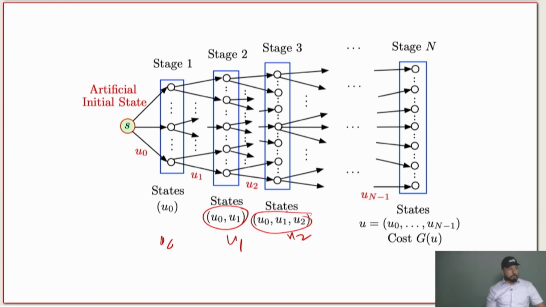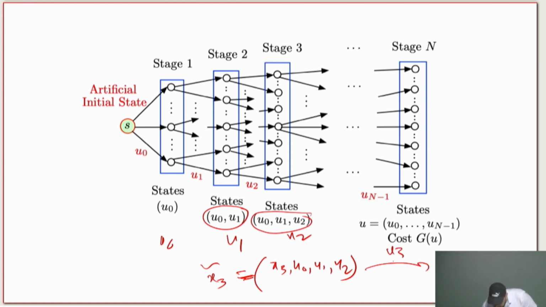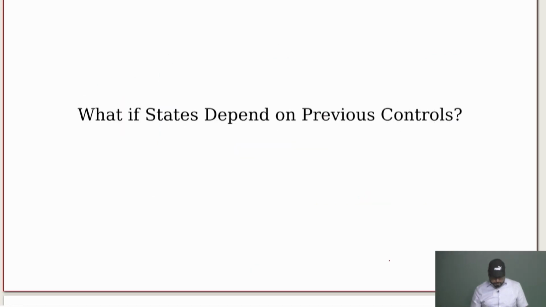So the controls that you took in the past are now taken as states to decide on the next control u3. So you may say that this will be your x3, u0, u1, u2. This whole thing actually is your current state. Let us say x-tilde is defined to be like this, and this is used to predict now u3, which will be our next control. Okay, so that's what Kalman said, right?